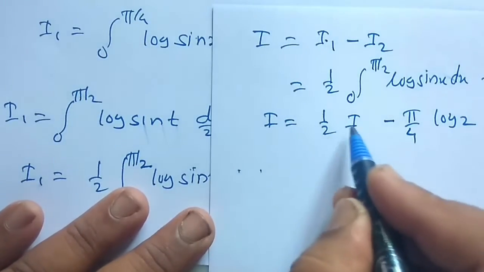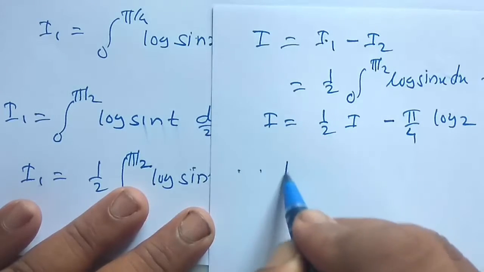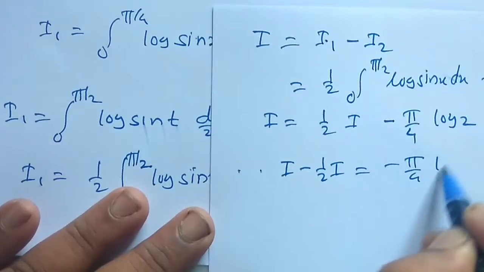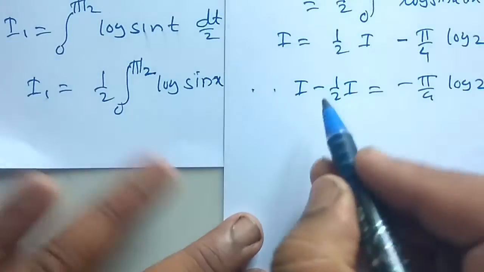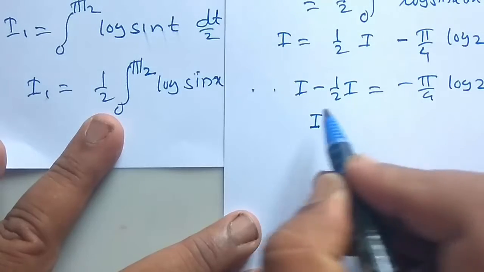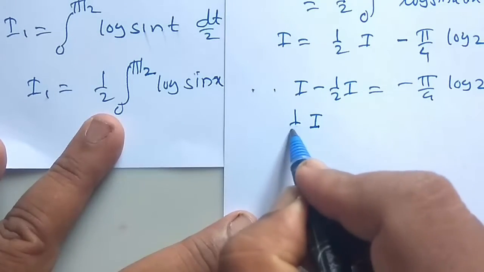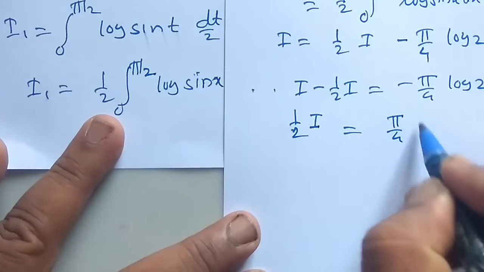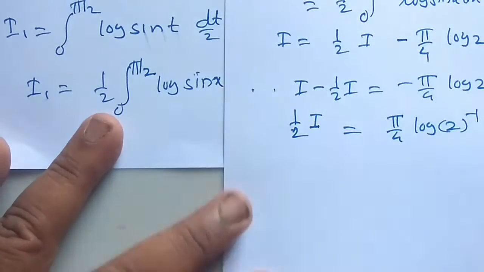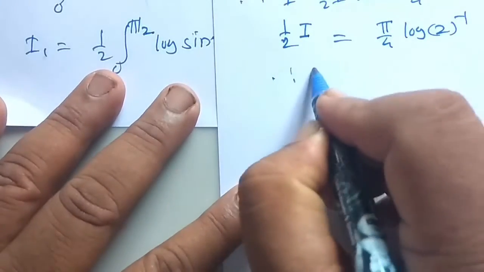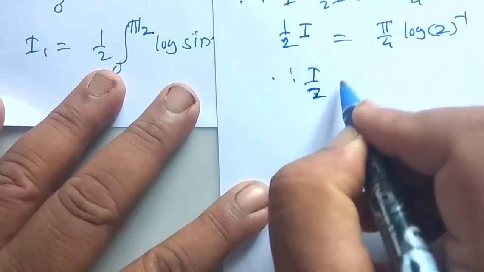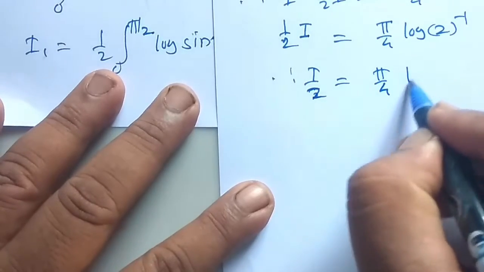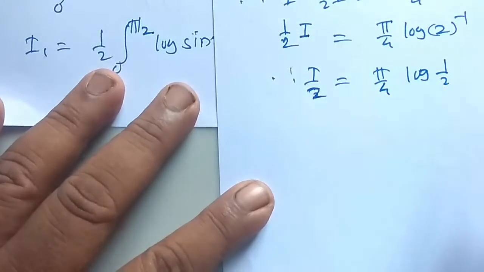So taking 1 half I to the left hand side, I minus 1 half I is equal to minus pi by 4 log of 2. So 1 half into I is equal to pi by 4 log of 2 raised to minus 1, and therefore I by 2 is equal to pi by 4 into log of 1 by 2.